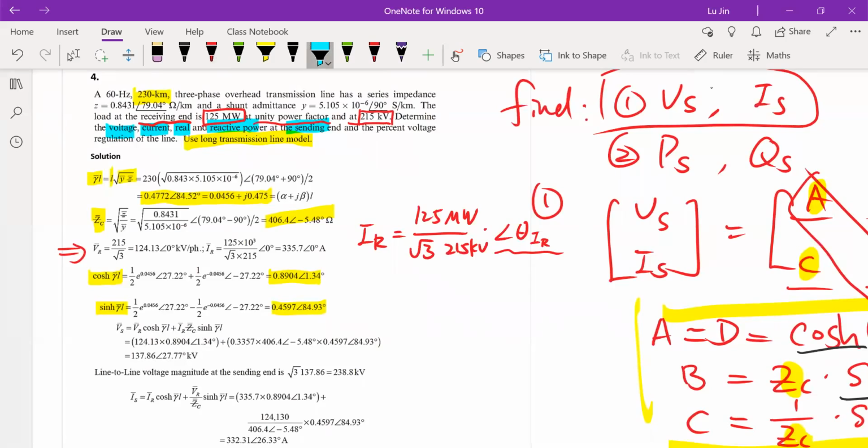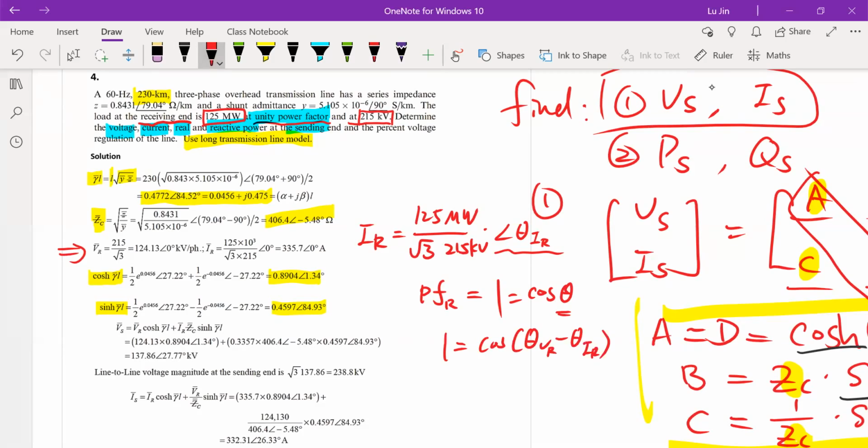We need to use the information about the unity power factor. Unity power factor means the power factor at the receiving side is equal to 1. The power factor is cosine theta, where theta is theta VR minus theta IR at the receiving side.